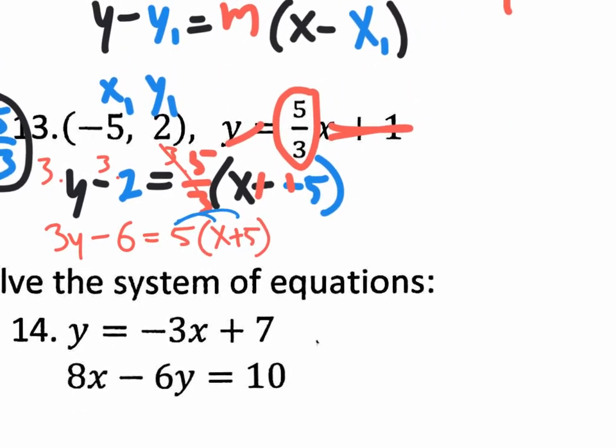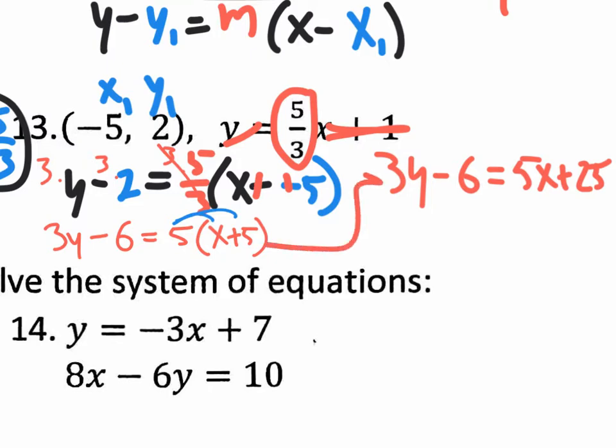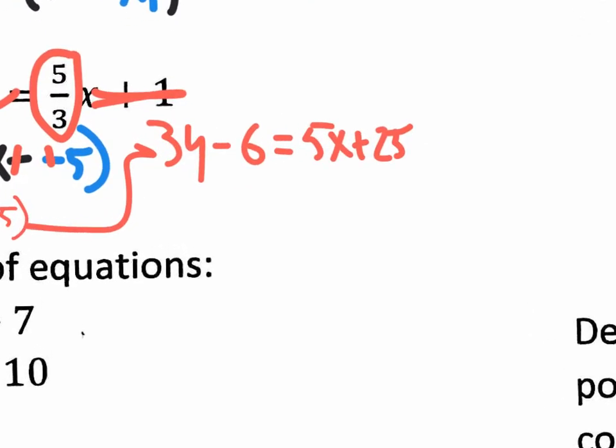Because it's in point slope form and they want it in slope intercept, you're going to have 3y minus 6 equals 5x plus 25. All we did was distribute the 5 to get from here to here. Now, of course, we want to get y by itself to get slope-intercept form. So let's get the y by itself. We're going to add 6 to both sides.